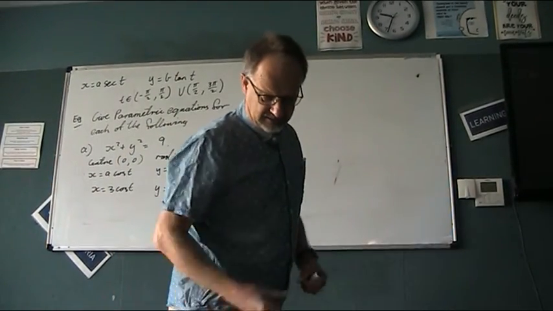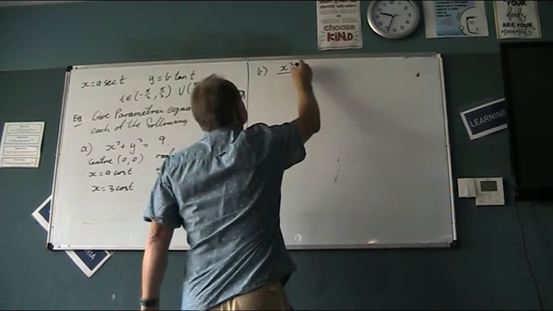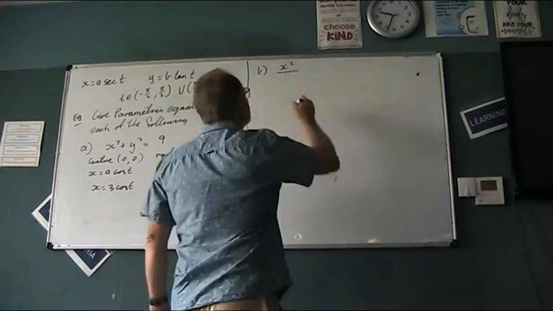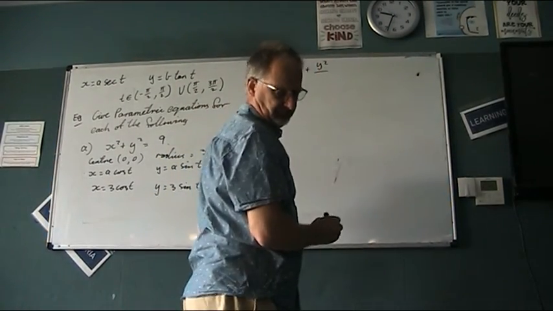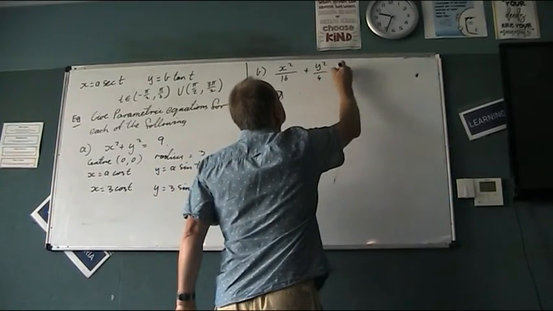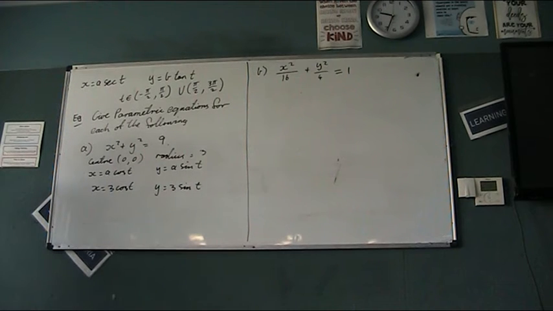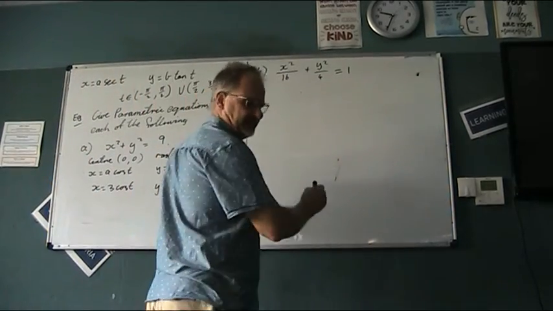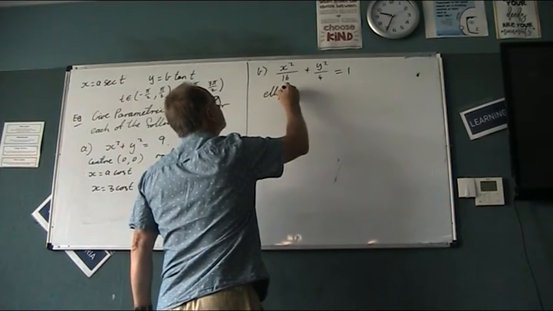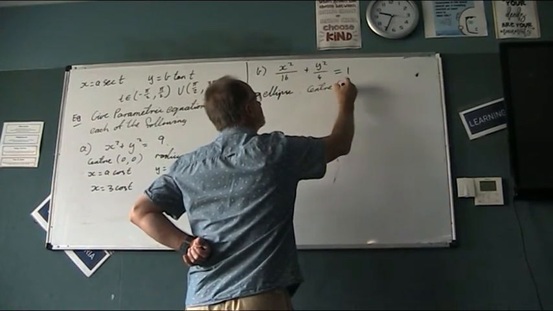So the next one. What do we got here? An ellipse. And so for this ellipse, the centre is 0, 0.